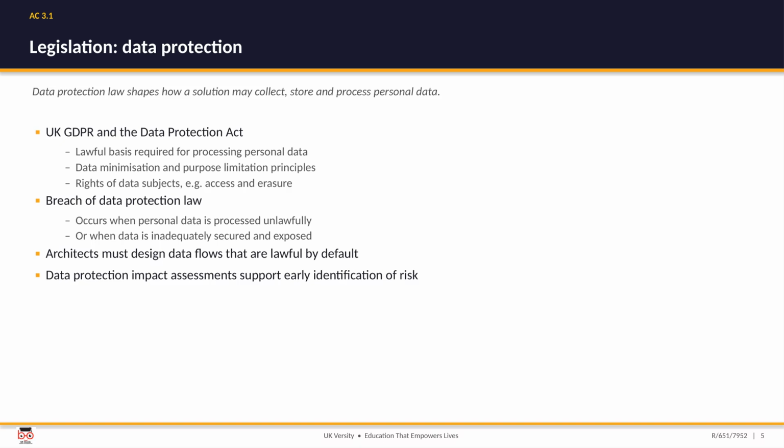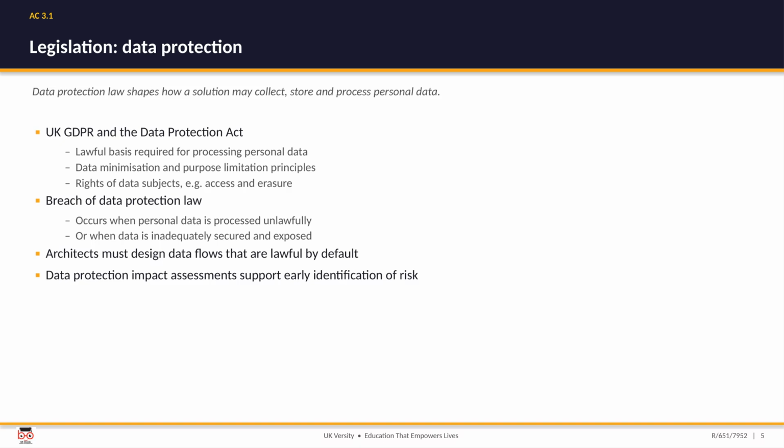Data protection law is usually the first legal consideration on the table because it governs how your solution may collect, store, and process personal data. Under the UK GDPR and the Data Protection Act, you need a lawful basis to process personal data, and you're expected to follow principles like data minimization and purpose limitation, collecting only what you genuinely need.